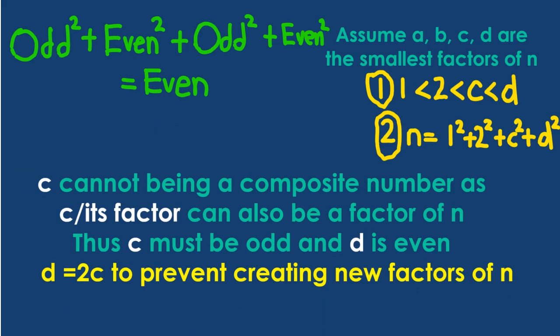So C must be a prime number, which is odd eventually, and D is an even number, so I do not create new factors of n. D is also equal to 2C because I do not want to create new factors for D. So it is just 2 times C, which will be the fourth factor for n.